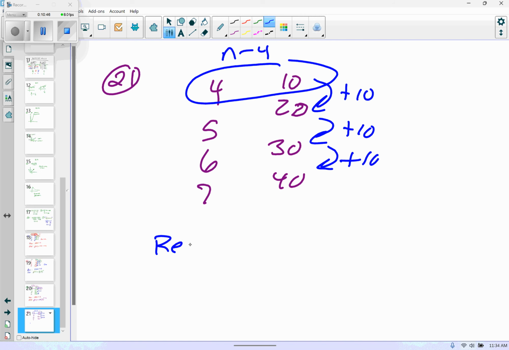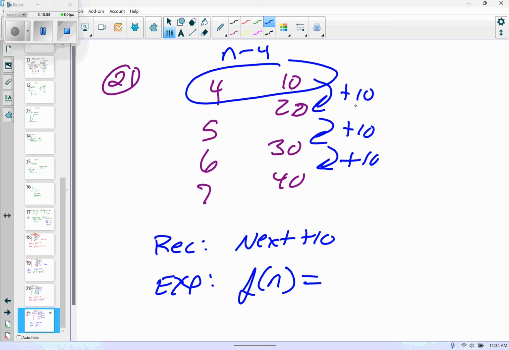My recursive is going to be next plus 10. My explicit is going to be f at n is equal to 10 times n minus 4 I have to put in there. And then what's that term? Plus 10. There we go. And that's all we had with that.